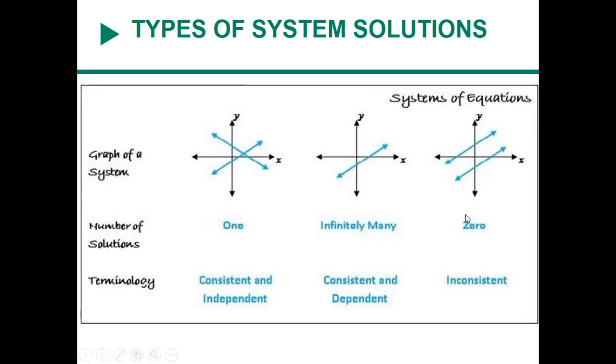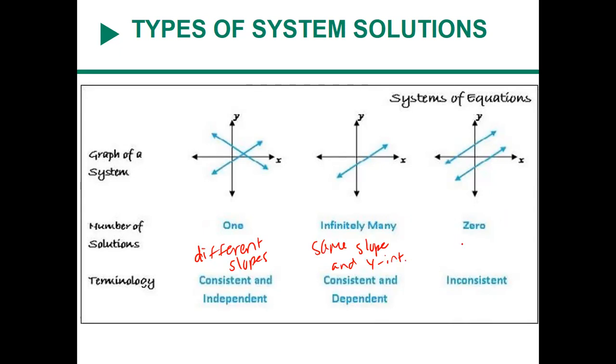Lastly, we have 0 solutions. So if I have 0 solutions, that means that these two will never ever touch, and we call that an inconsistent system. So with one solution, that means that they have different slopes. With infinitely many, that means they have the same slope and y-intercept.